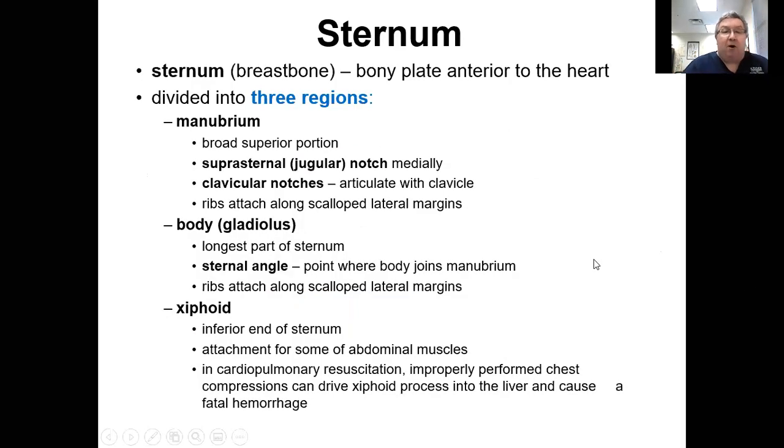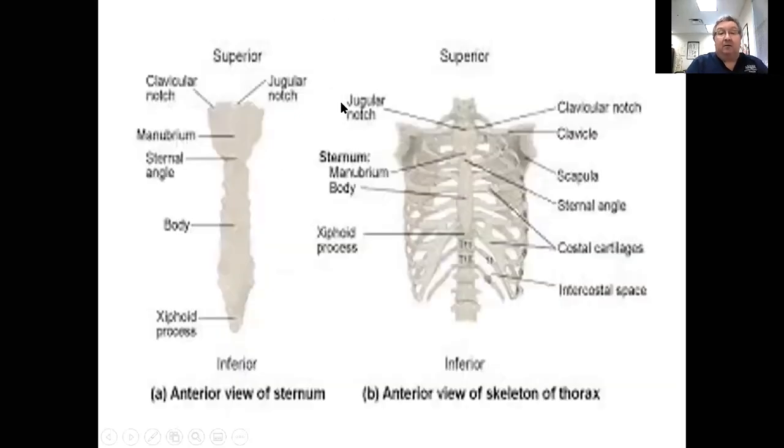There are three parts to the sternum. The first part, this top portion, is known as the manubrium. The manubrium has a couple of important parts. The first part, in the middle, is the jugular notch, and that's where your jugular actually comes through.